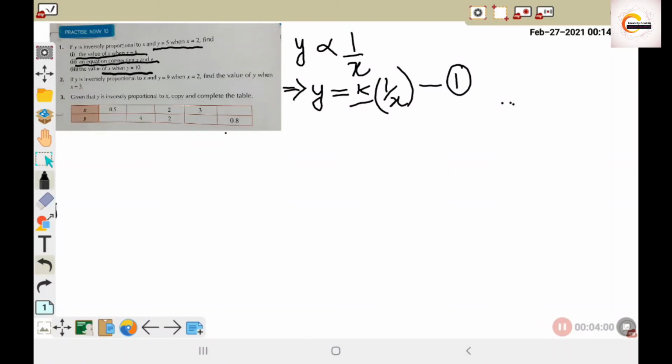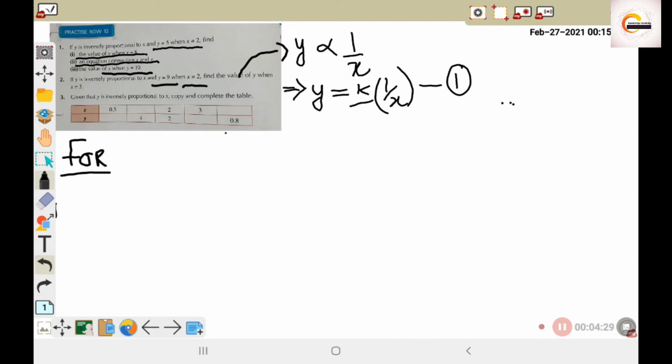Let's solve the question number 2. If y is inversely proportional to x, this we have established already, and y is equal to 9 and x is equal to 2, find the value of y when x is equal to 3. So again we will have to find out the value of k.